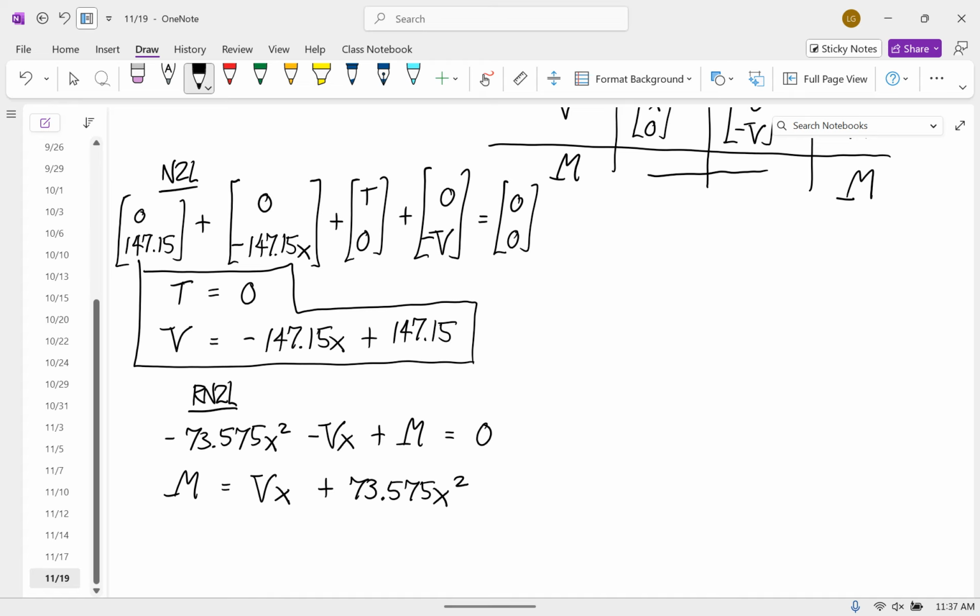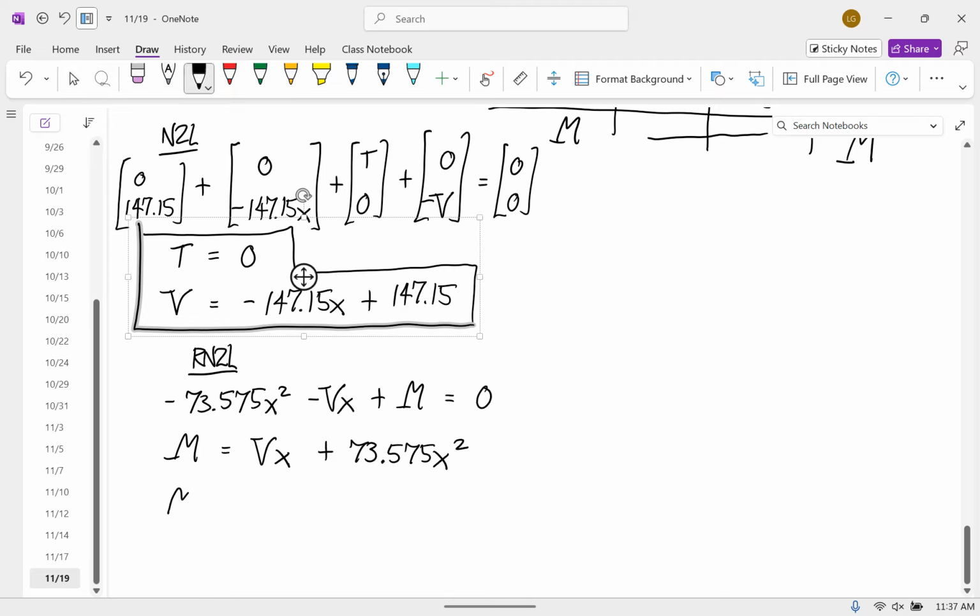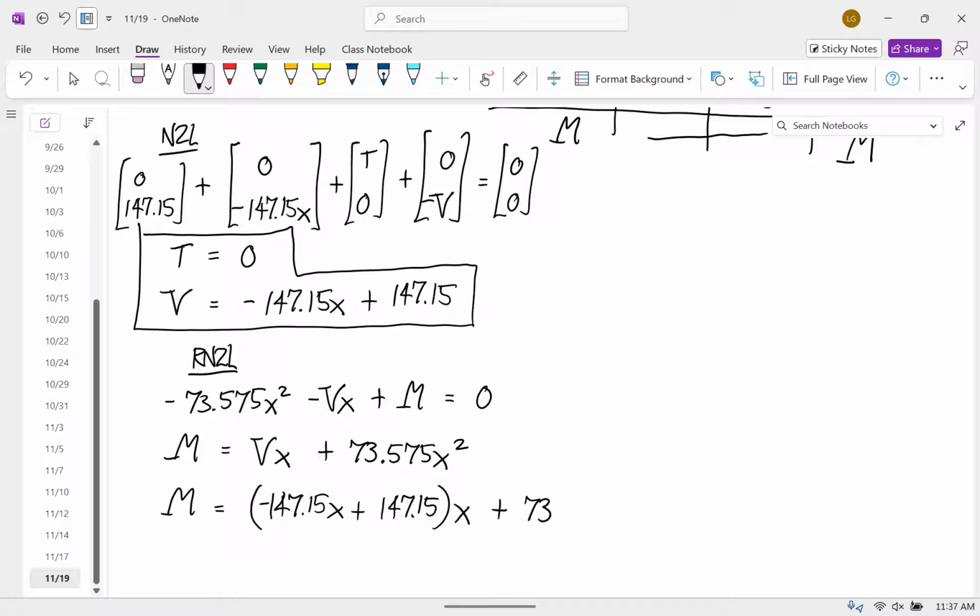Now substitute in the function V that we already calculated. So M is equal to the quantity 147.15x plus 147.15, all times x, plus 73.575 x squared.